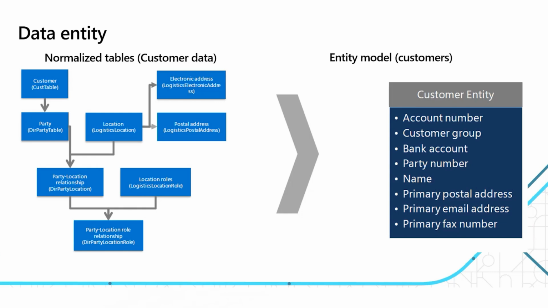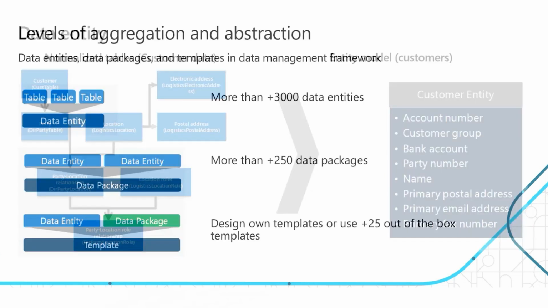It hides the background info. A customer entity can have relevant information like account number, customer group, bank account, and party number, which are actually coming from the underlying tables. So data entities can be created and used for various types of integrations. They can be used with synchronous integrations as well as asynchronous integrations.